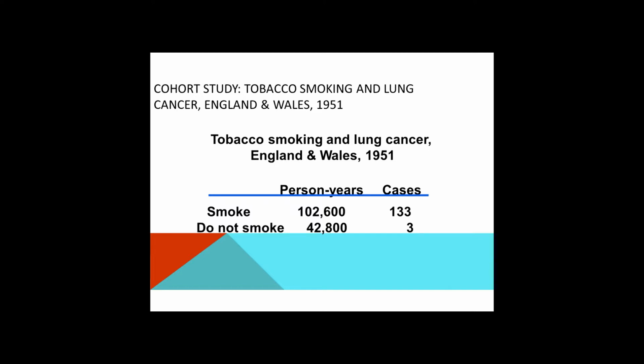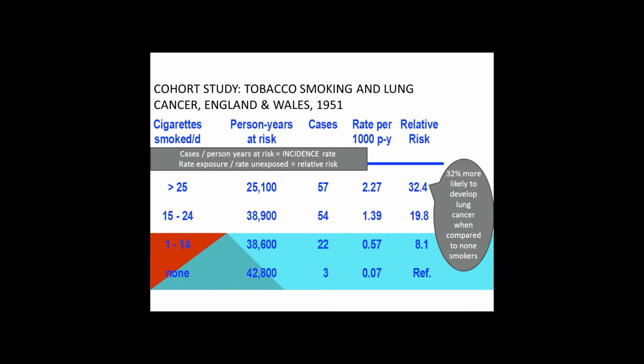And again, this was a study that had taken place in Wales, and it looked at the number of cases of people who smoked versus the number of cases of people who didn't smoke. What they were able to find out is that you were 32% more likely to develop lung cancer in an age group of over 25 when compared to a group of non-smokers.